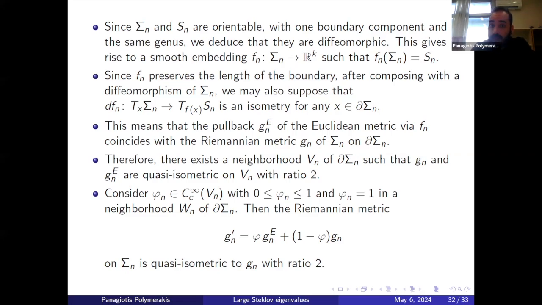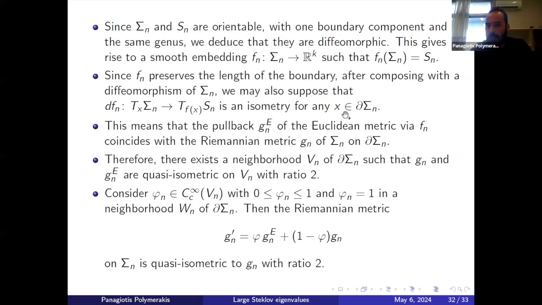We know, however, that Fn preserves the length of the boundary. And it turns out that we can do a reparametrization, so to speak. We can compose Fn with a diffeomorphism of sigma n, and then the differential of the composition is actually an isometry on tangent planes at points on the boundary.